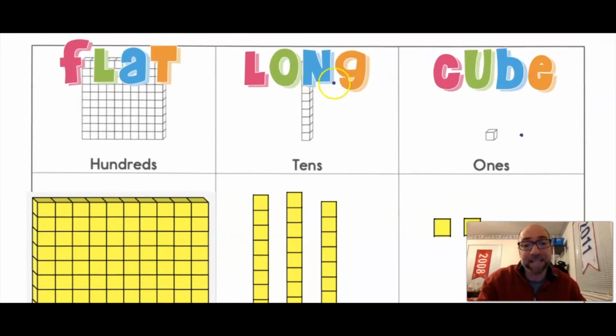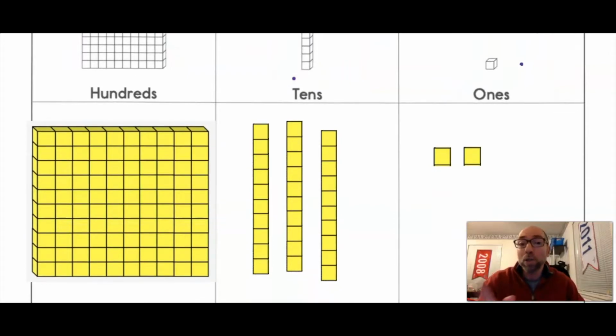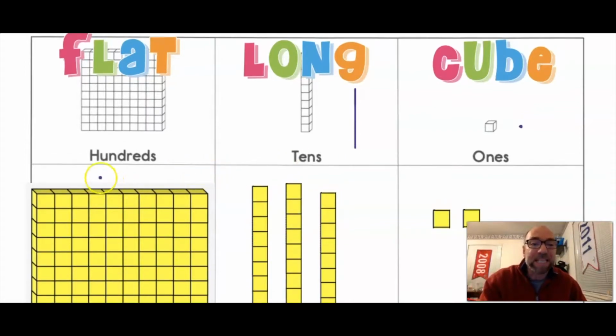Remember that the tens place is where we put our longs, and we're going to be counting by tens. Now remember, if you have to draw a long, we just draw a straight line down. Simple as that. Now, this is new. This place here is the hundreds place.